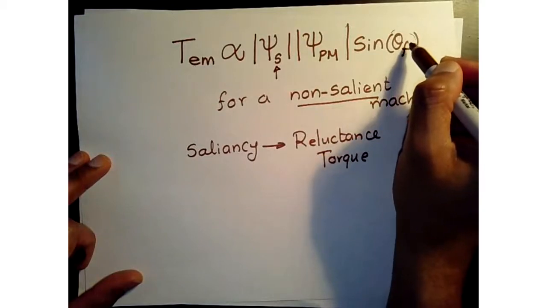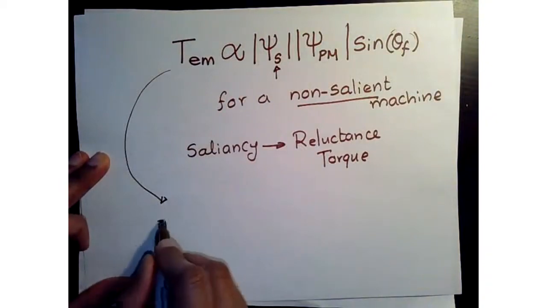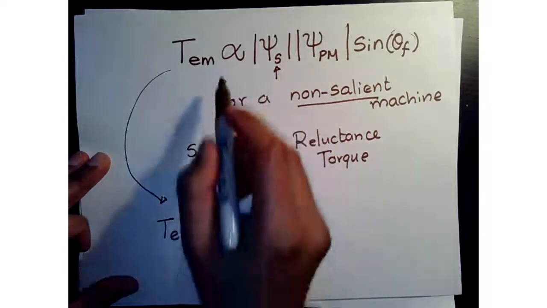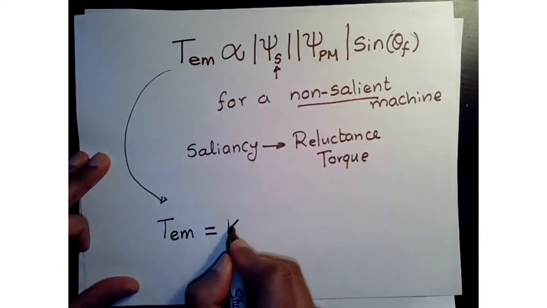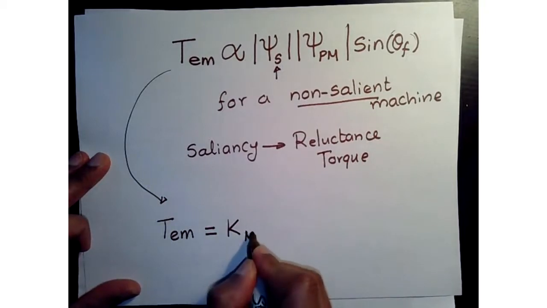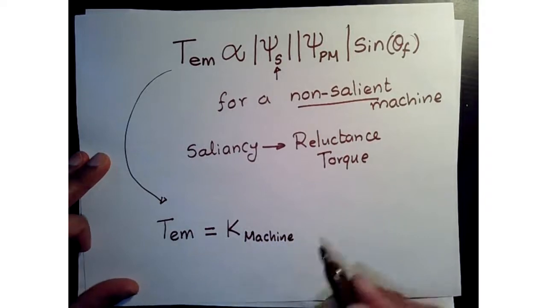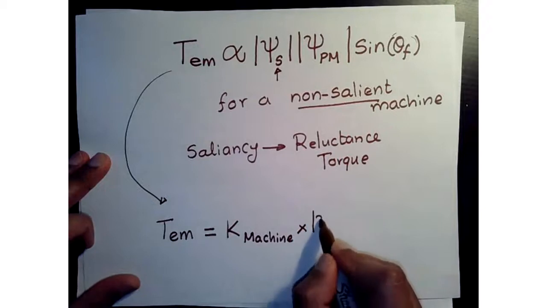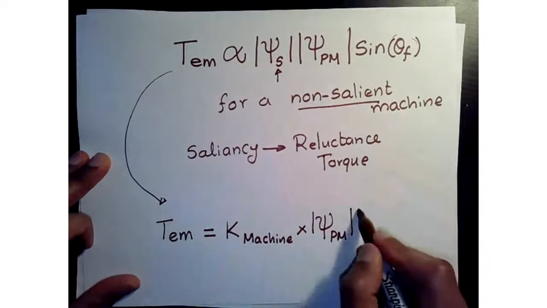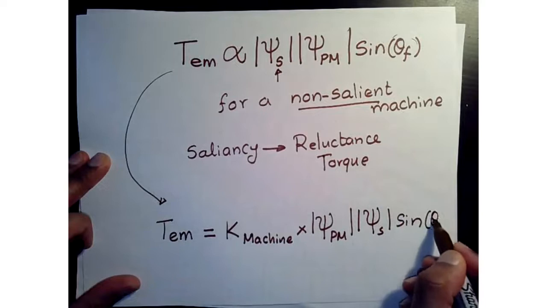If we are to come up with an equation, we can say TEM is proportional to a constant, K machine, times the magnitude of the permanent magnet flux and the stator flux, since these are scalars, you can switch them, times sine theta F.